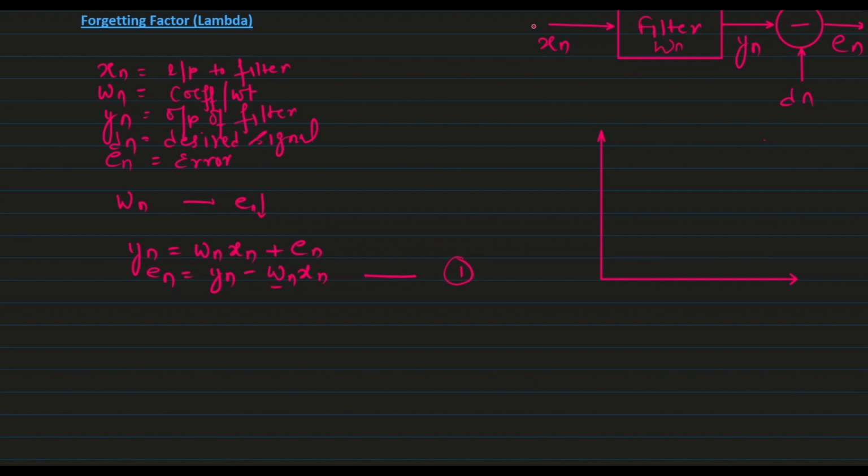So for that we define a cost function, and that cost function we will call JW. This cost function basically implements nothing but the sum of squared errors. So what I mean by that is that JW is nothing but we have the error, we square it, and then we sum it.